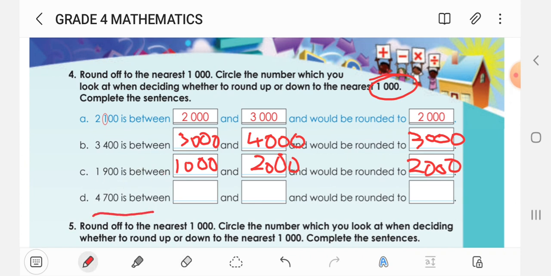We have to round off 4,700, which is between 4,000 and 5,000. Whenever we have the number 5, 6, 7, 8, or 9, the first one goes higher, and the remaining ones turn into 0. I have a rounding off video on the channel. You can ask your mom to look for that. So this will be 5,000.